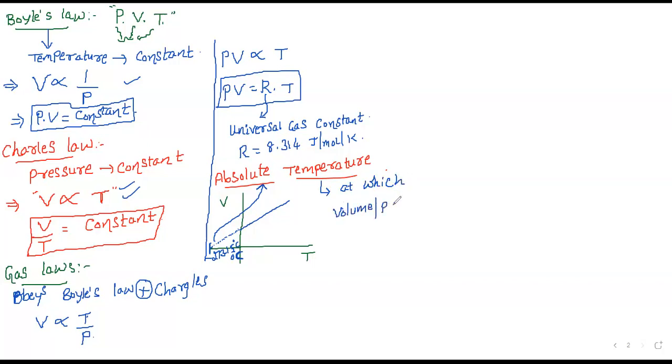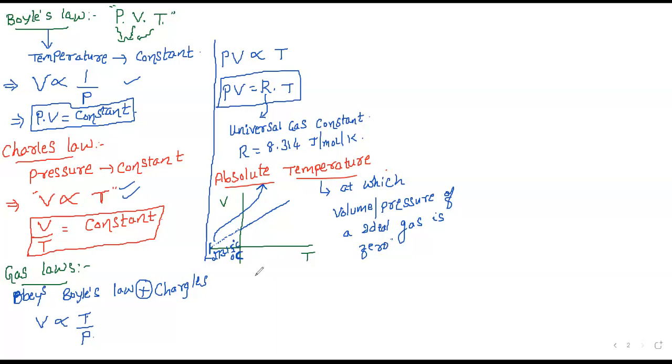Ideal gas means one which obeys Boyle's law and Charles' law. At the temperature where the volume of the gas becomes 0, that temperature we call the absolute temperature.